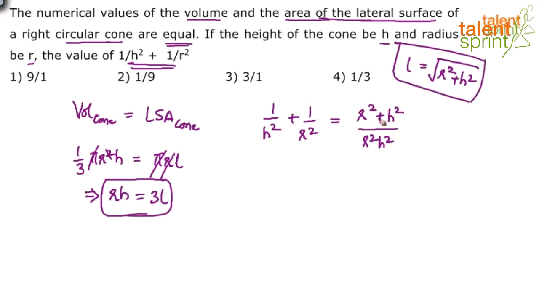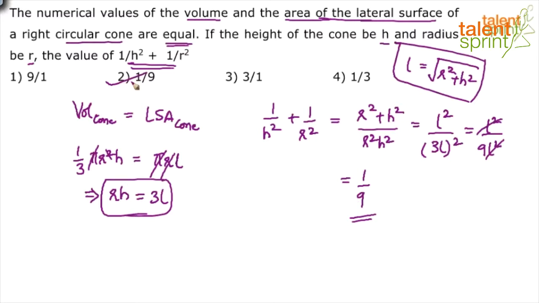This is r square plus h square. So can I replace this with L square directly? Yes or no? R square plus h square is nothing but L square, squaring on both the sides. Divided by r square h square. rh is 3L, so I can replace this by 3L square. So what are we left with? L square by 9L square. L square and L square get cancelled. We will be left with 1 by 9. 1 by 9, option 2.